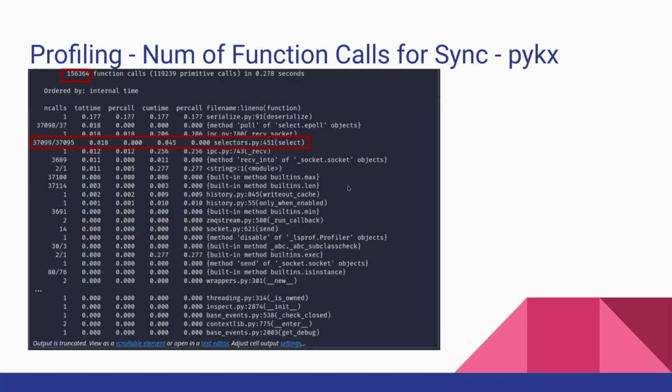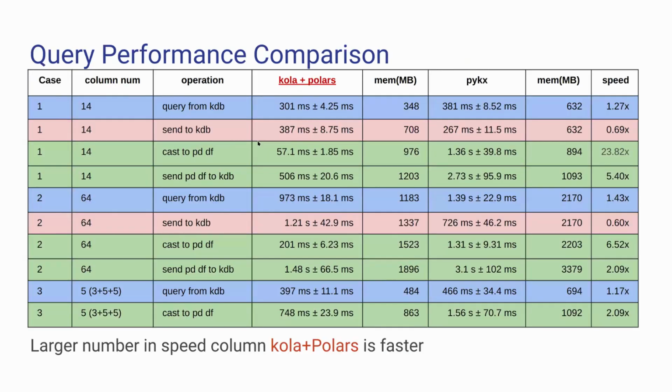On the other hand, if you use PyKX to call the think function, it's 200 times more function calls, and a lot of calls happen in this selector.py code base. From these two profiling screenshots, you can see Kola is more efficient in some sense. This table shows the query performance comparison.